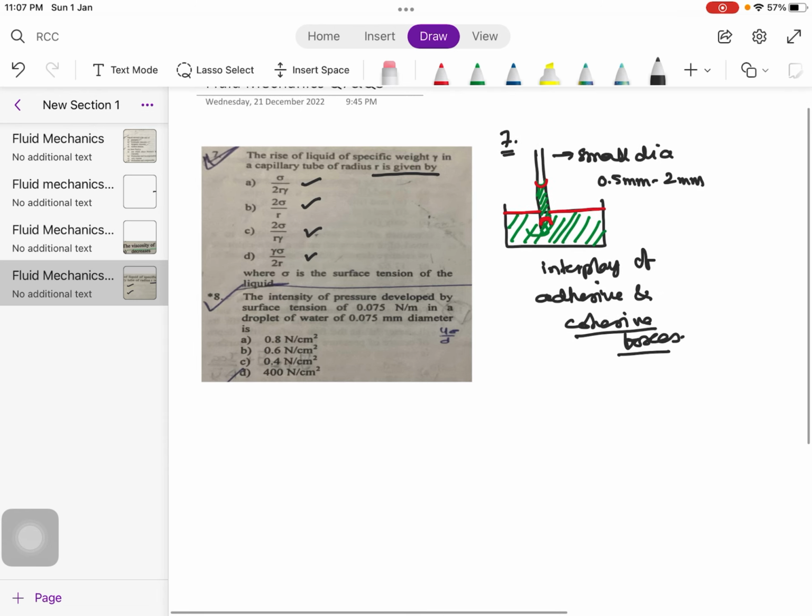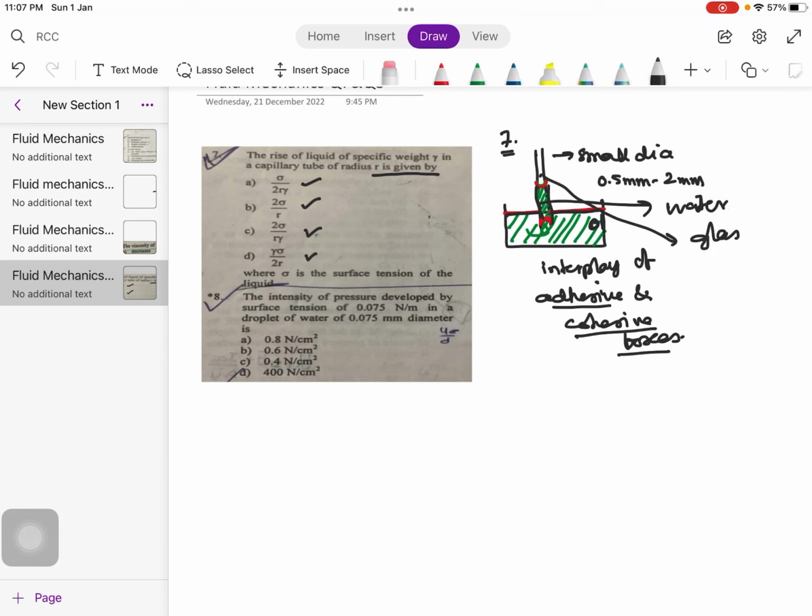Cohesion is the intermolecular force within this liquid, and adhesion is the force of attraction between this liquid and the surface in contact. Say in this case, if the water is the liquid and the material of the capillary is glass, the molecules of water experience a force of attraction with the glass surface, and that attraction is known as adhesion.